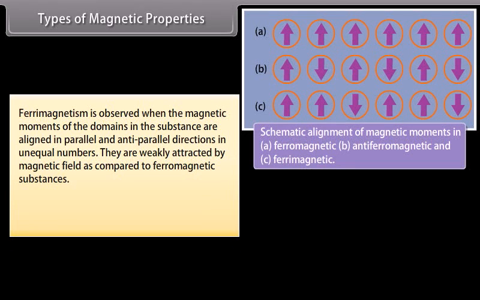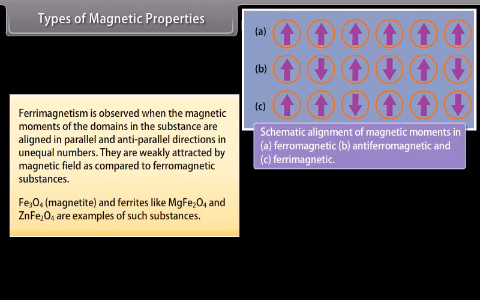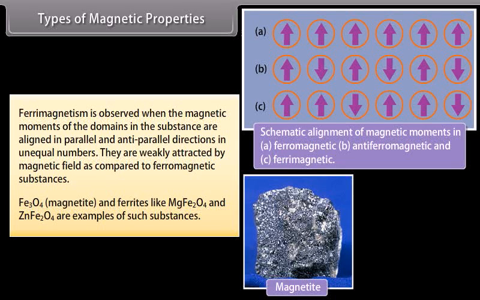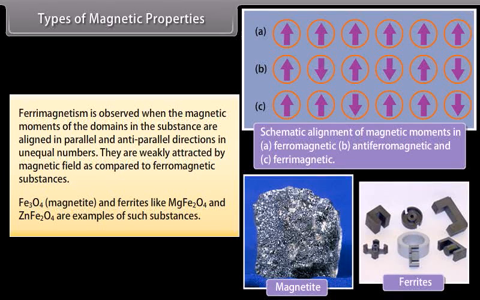Ferrimagnetism is observed when the magnetic moments of the domains in the substance are aligned in parallel and antiparallel directions in unequal numbers. They are weakly attracted by a magnetic field as compared to ferromagnetic substances. Fe3O4 (magnetite) and ferrites like MgFe2O4 and ZnFe2O4 are examples of such substances.